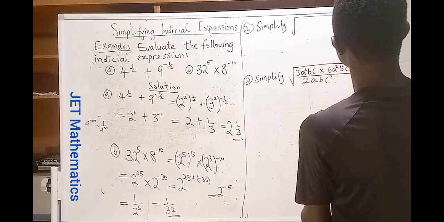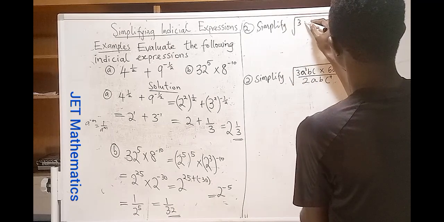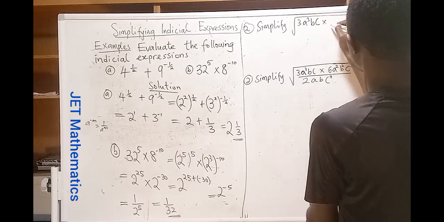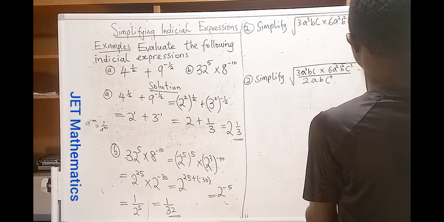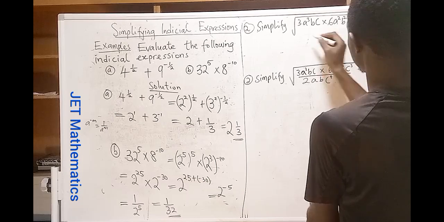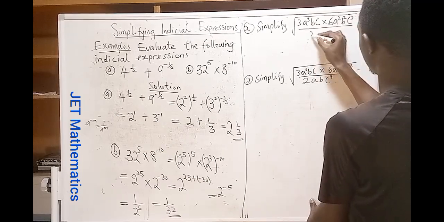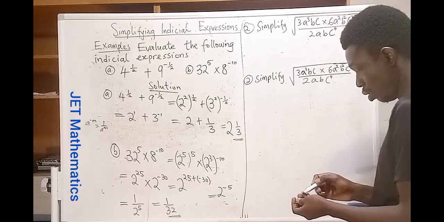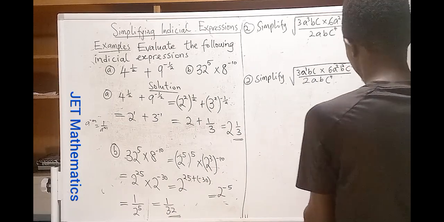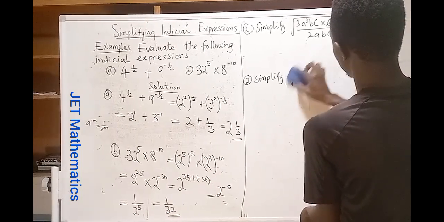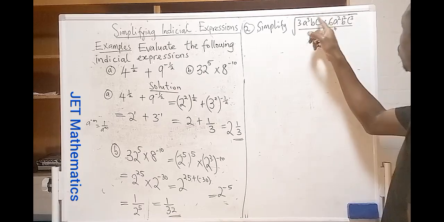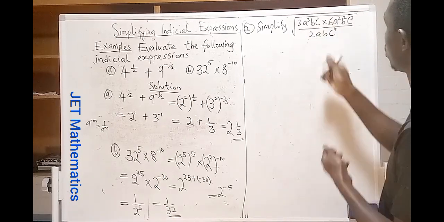Simplify the square root of 3a cubed bc times 6a squared b squared c cubed, all over 2abc raised to the power 4. All of the items are under the square root.